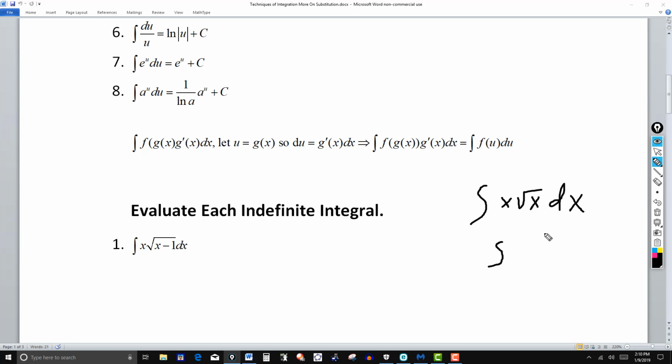This is just x to the 3/2 power. Now that becomes a simple integration, right? We add 1 to the exponent here. This is 5/2. And then we divide by 5/2, so that makes this 2/5 over here. Plus a constant. There you have it.